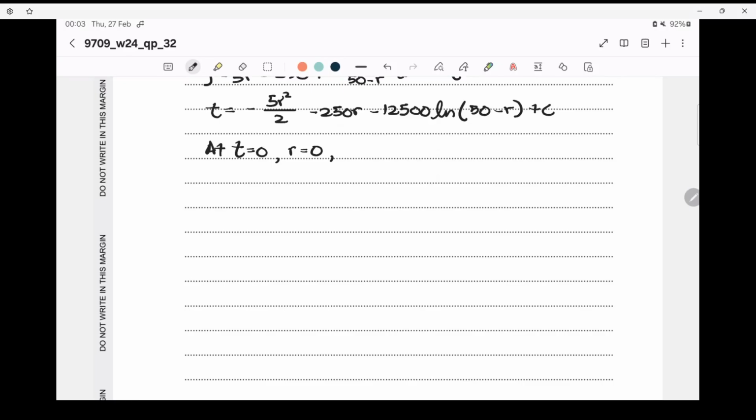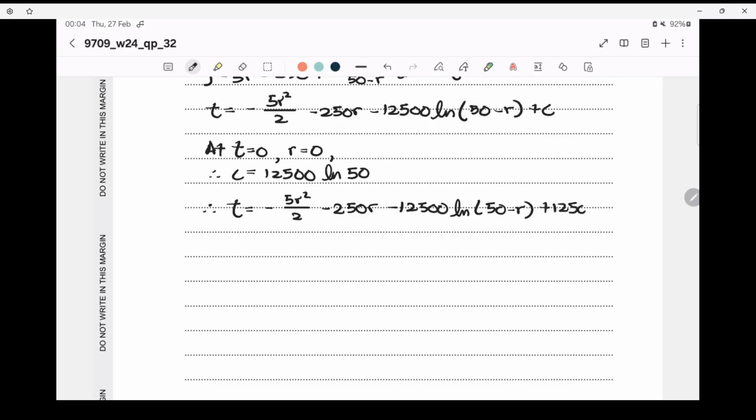Substitute everything inside. So you will get that c is 12500 ln 50. Therefore, t will be minus 5r squared over 2 minus 250r minus 12500 ln(50 minus r) plus 12500 ln 50. So that will be your final solution.